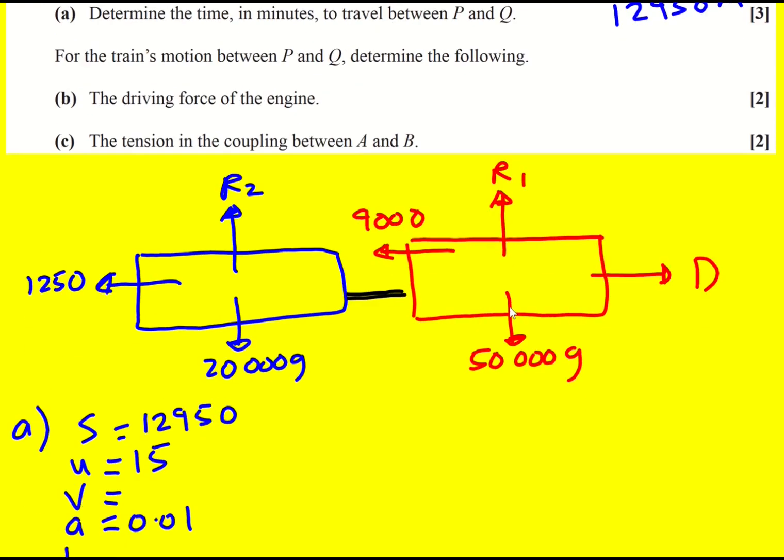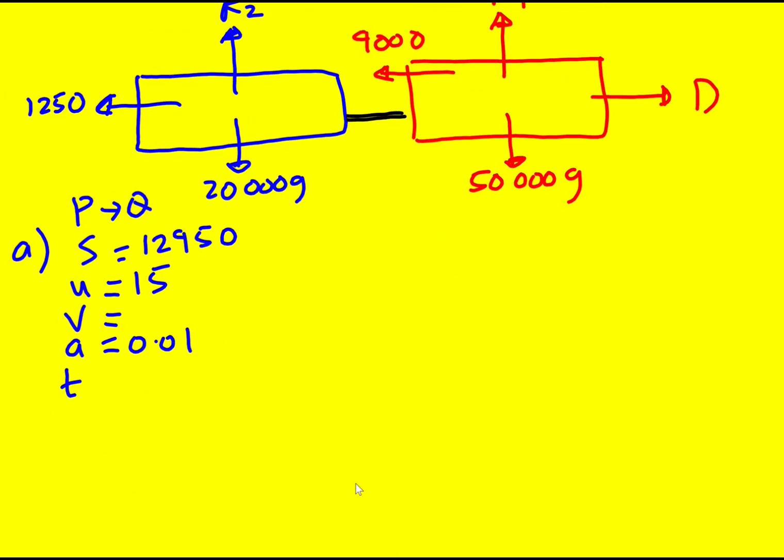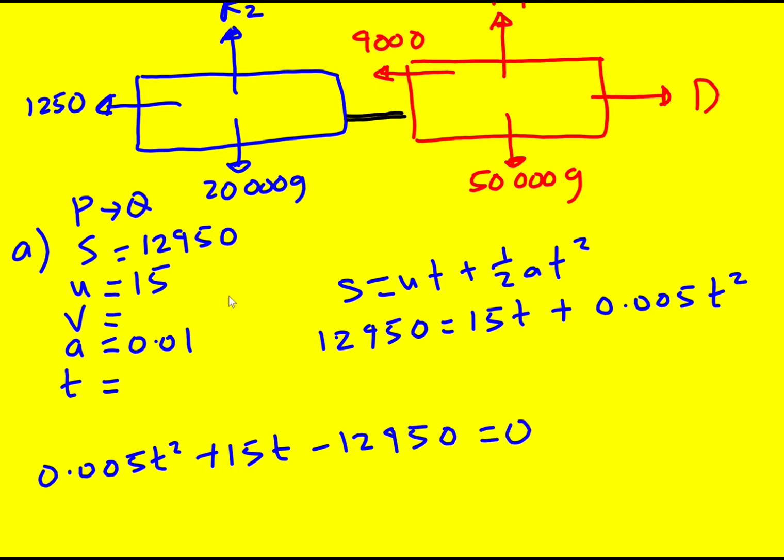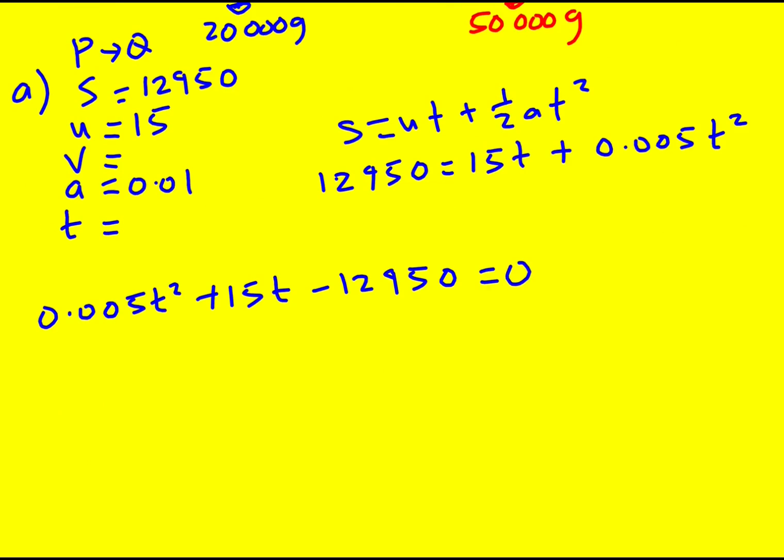Okay, and then we're asked for the time taken to go between P and Q. So for that, I can use S equals ut plus half at squared and create a quadratic. There's no need to simplify this anymore or even write anything down.